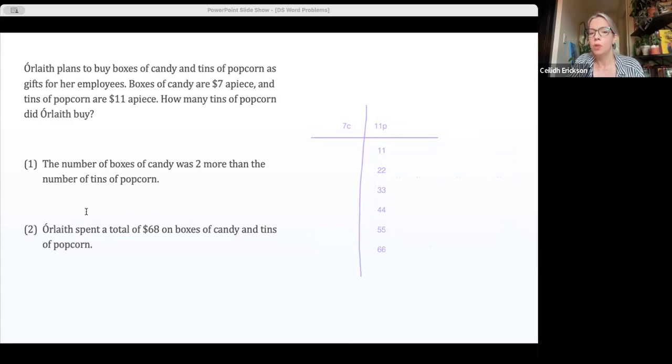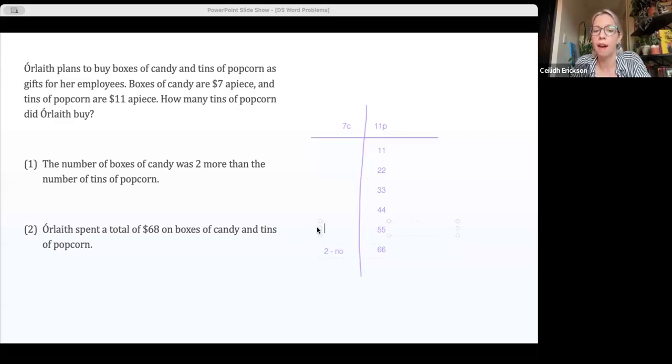So then I know that my total has to be 68. I'm going to go through and just see what plus this multiple of 11 adds up to 68. And is it a multiple of 7? So if it were 66, that would have to be a 2. So no, that's not a multiple of 7.